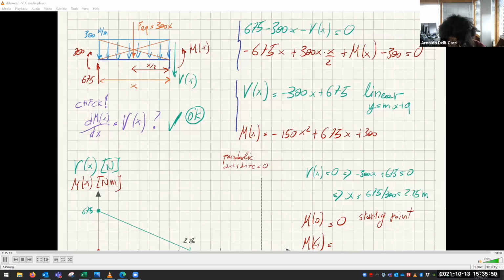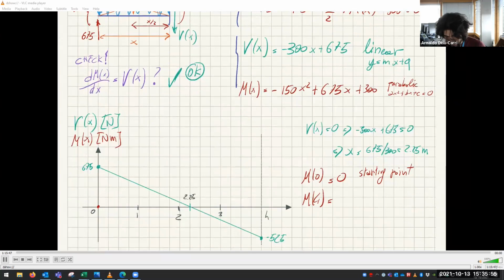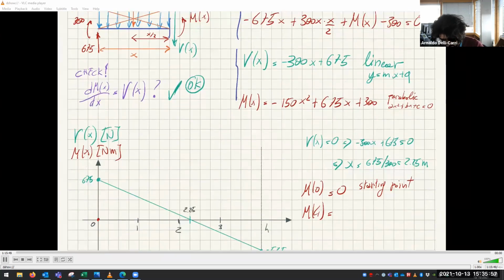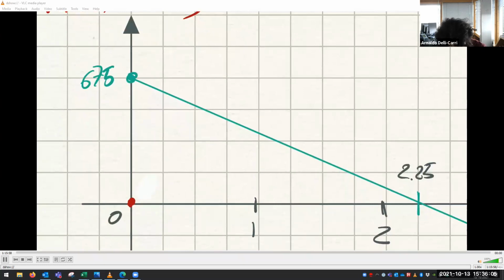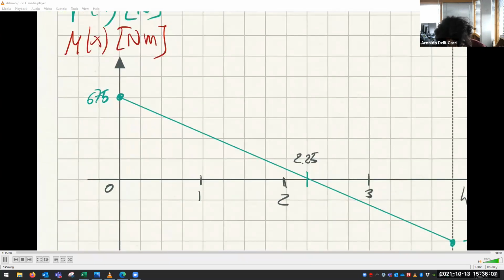Okay, see, it's very easy to make mistakes, so make sure that you understand what's going on. So m of 0 is not 0, m of 0 is 300. And so that means I don't start from 0. I start from 300.